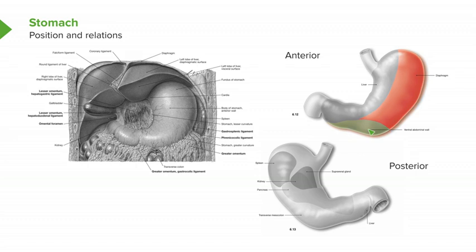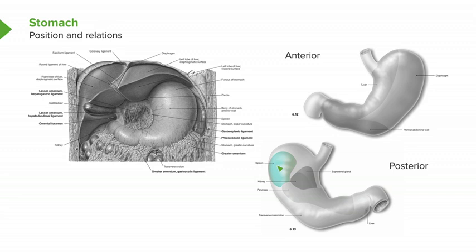Importantly though, what does the stomach sit on? What's known as the stomach bed? What lies immediately posterior to the stomach? For this, we've flopped the liver, we've flopped the stomach over, and posteriorly we can see we have relations to the spleen. So the stomach would be coming in this kind of position here.